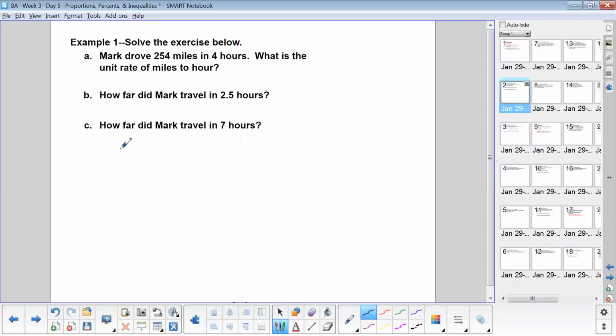So for instance, on part A, we have Mark drove 254 miles in 4 hours. If it's asking for the unit rate, it is simply asking how many miles per 1 hour.